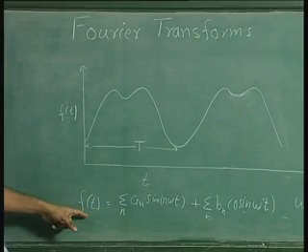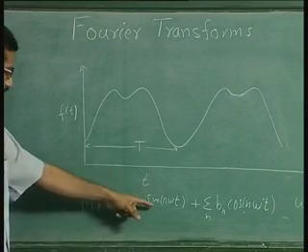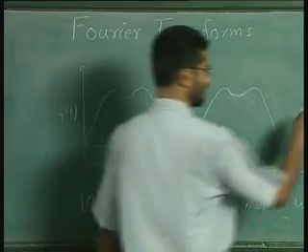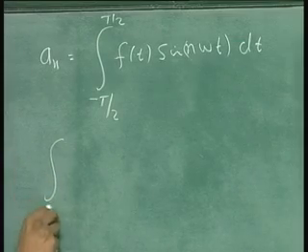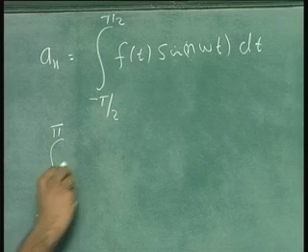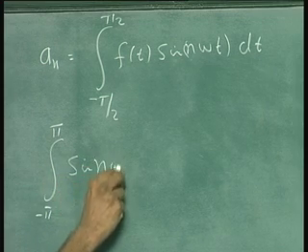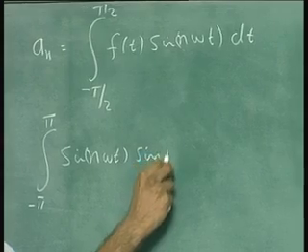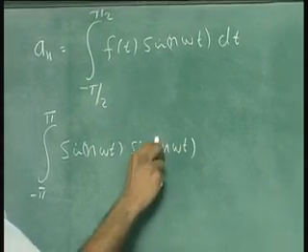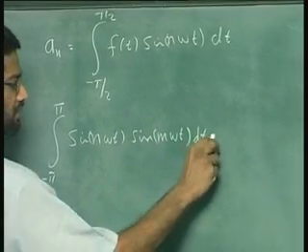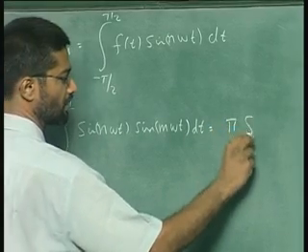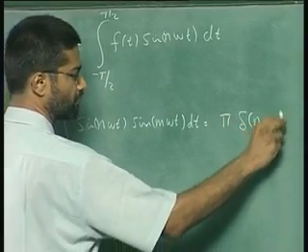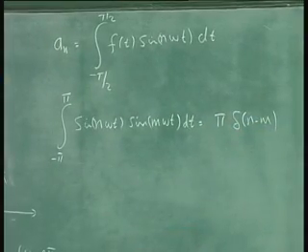Because we use the property of the sine functions that the integral from minus pi to plus pi of sine n omega t sine m omega t dt is equal to pi times delta n m. That is what we are familiar with.